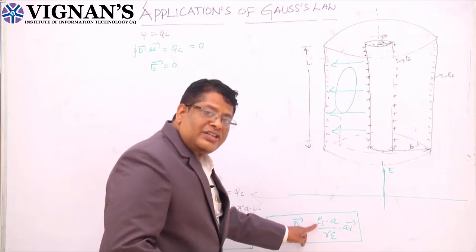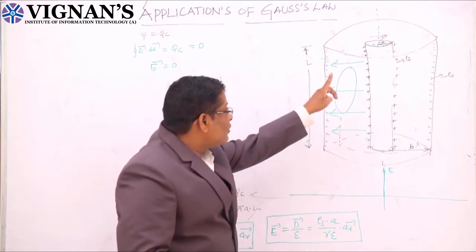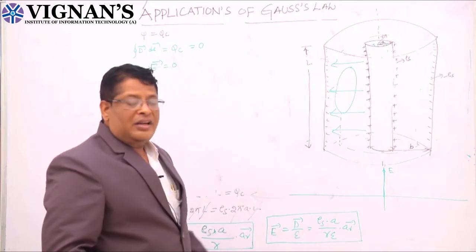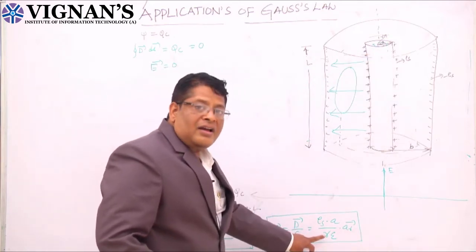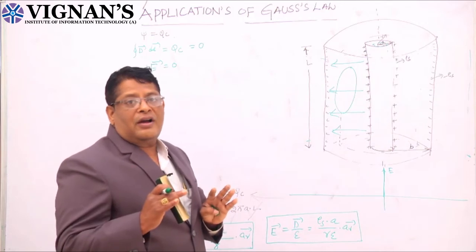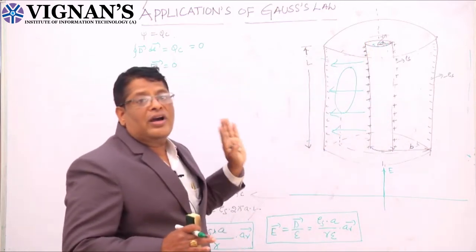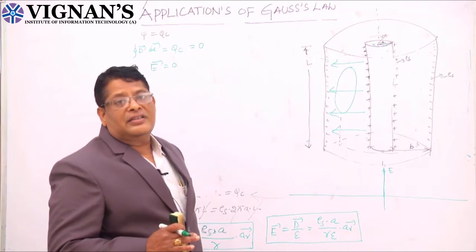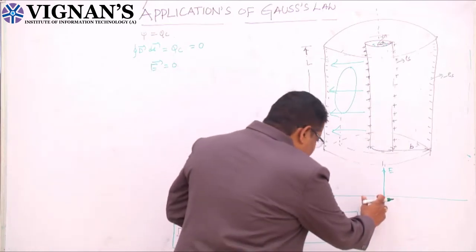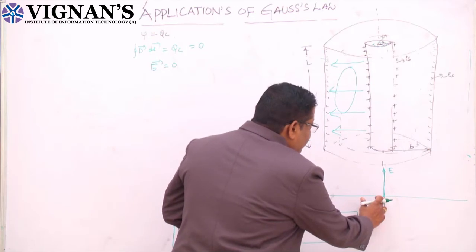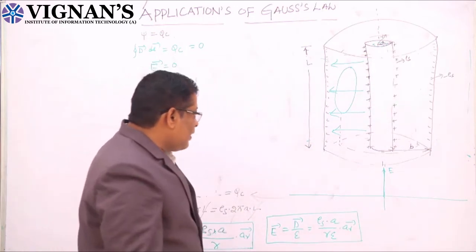Rho s is the charge density, which is constant. A is the radius of the inner cylinder, where R is the distance between the center of the inner cylinder and the point P where we are going to calculate the electric field intensity. As R increases, the electric field intensity decreases.